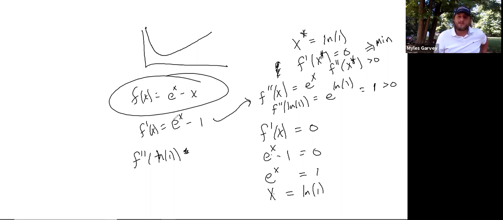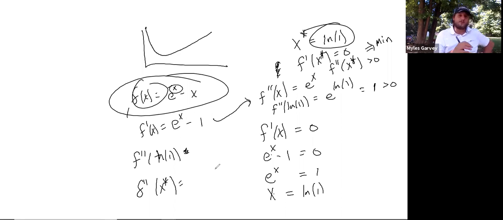So if x represented, let's say, an order quantity and this represented cost, our best ordering quantity would be the natural log of 1.